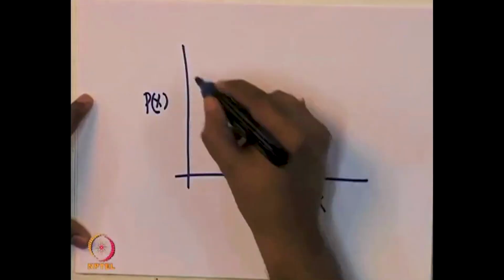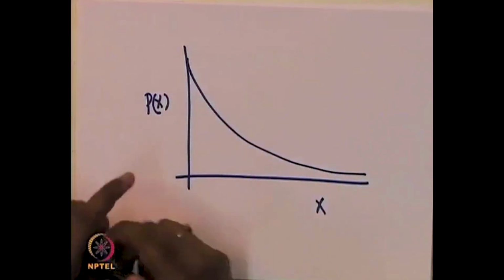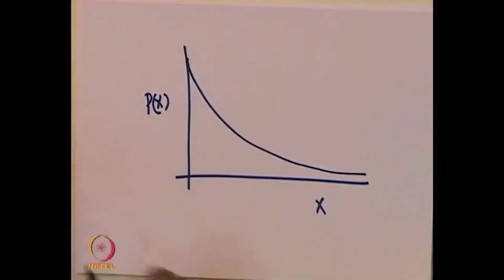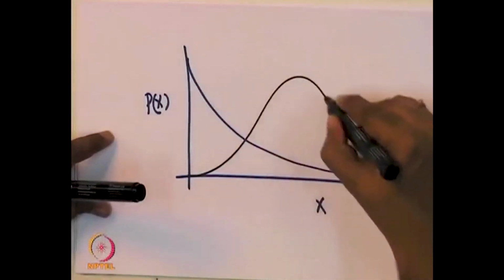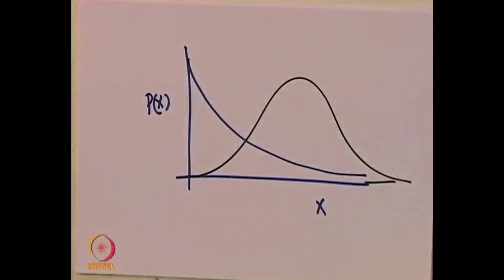So, previously we had exponential. If you have a look here, if you have x and p of x, we had exponential distribution which looked something like this. We had normal distribution which looked like this. Now, what is uniform distribution? Uniform distribution would mean that it has to be uniform everywhere.